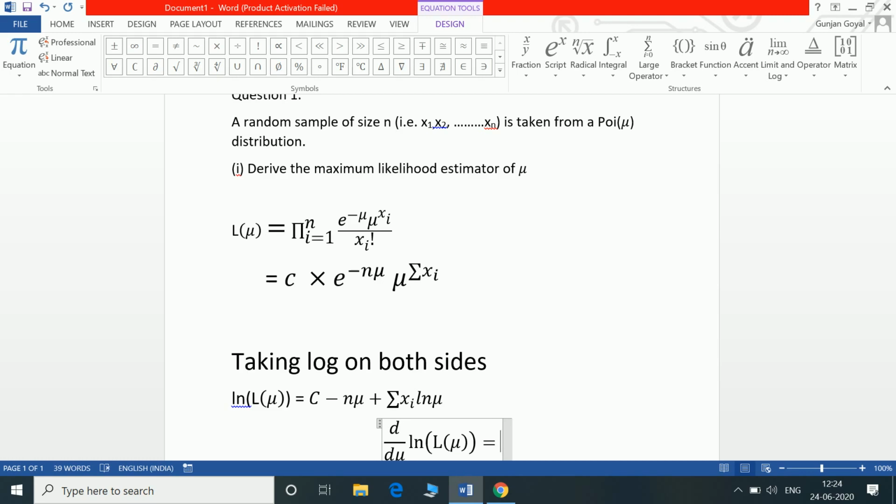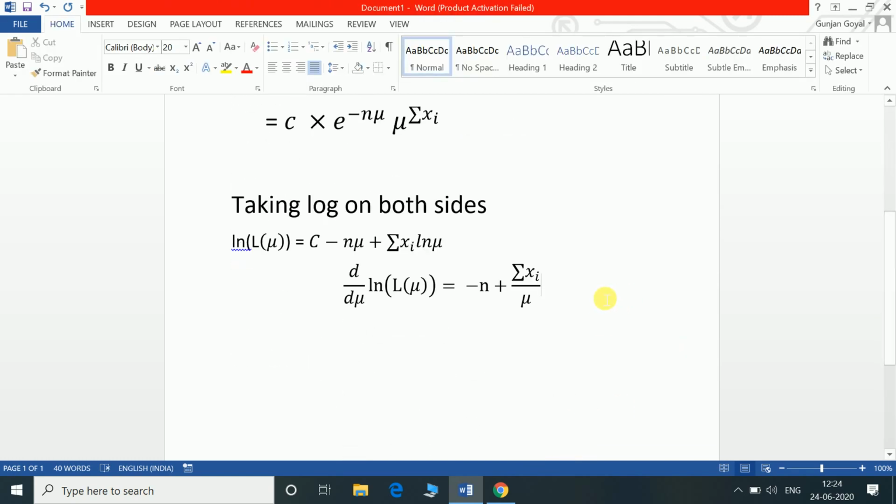For the constant it's 0, for the mu term it will be minus n, plus for this value it will be summation of xi. So I'll just copy summation of xi instead of writing it again and again. You can copy it directly. So copy and then divided by, space. See, this comes up, and this is mu. So you get this equation.